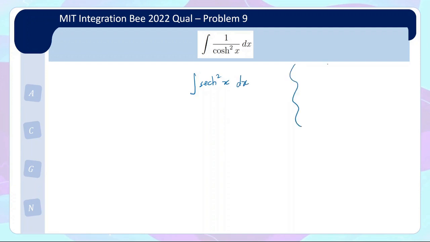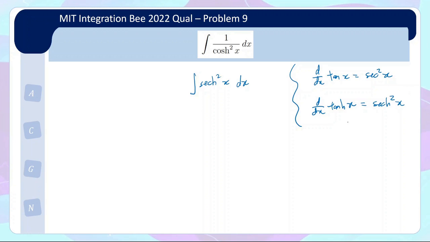Now, you may recall that the derivative of tangent is secant squared. So either you know or you may posit that similarly the derivative of hyperbolic tangent will be related to hyperbolic secant squared, maybe plus minus or don't know what.